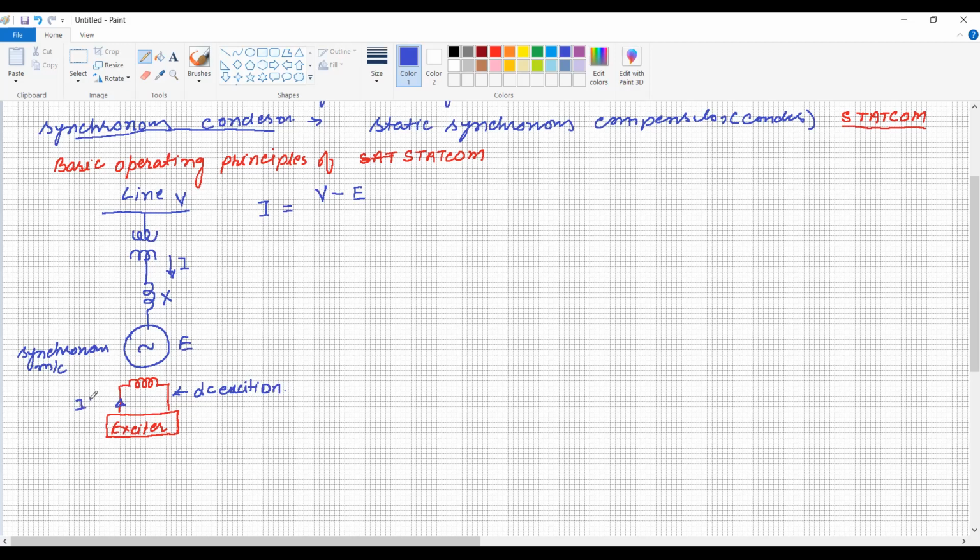The current I is equal to (V minus E) divided by the reactance X. This is the current which is exchanged between the transmission line and the machine. And the reactive power, whether it is delivered or consumed, is equal to (1 minus E upon V) divided by X, into V squared. This is the reactive power of the machine.